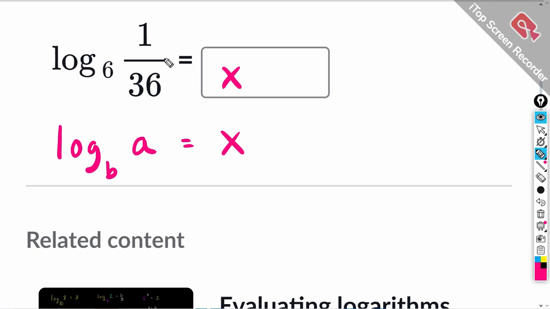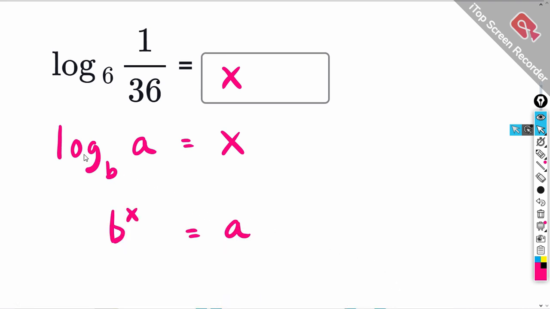We want to translate this into exponential form. The logarithmic form written in exponential form is b to the power of x equals a. So let's see what we have for b right here. We can see clearly that b equals 6.